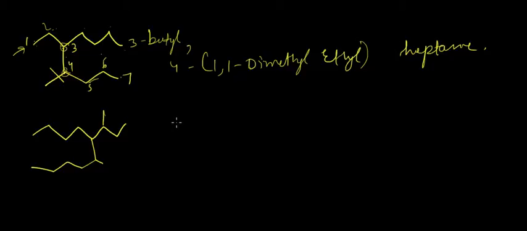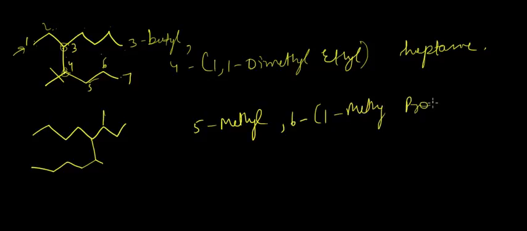I'll give you this as homework, and I suppose your answer matches this: 5-methyl-6-(1-methylpropyl), and I think it's 1, 2, 3, 4, 5, 6, 7, 8, 9, 10, decane.